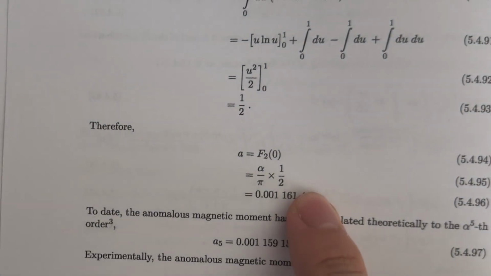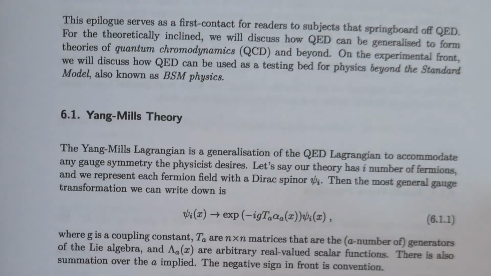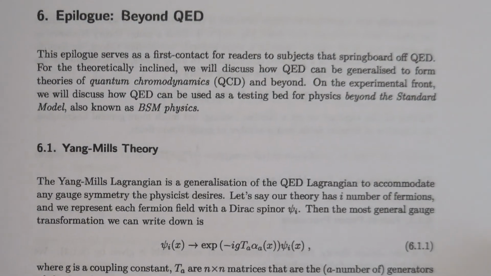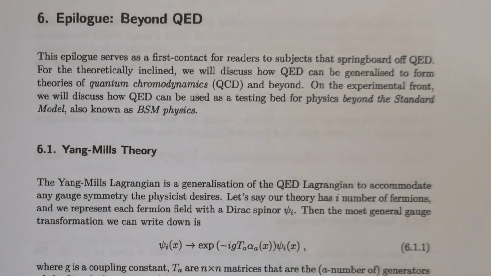And here's the anomalous magnetic moment. I like this epilogue also. It was quite fun to write. I realize I'm saying it's quite fun to write for almost everything now.